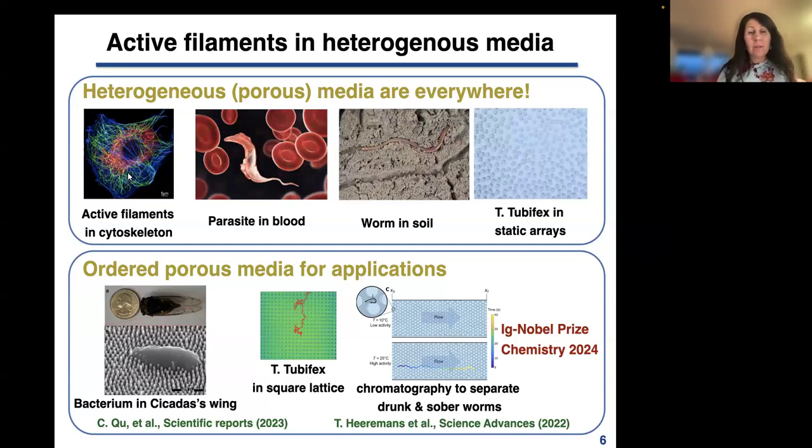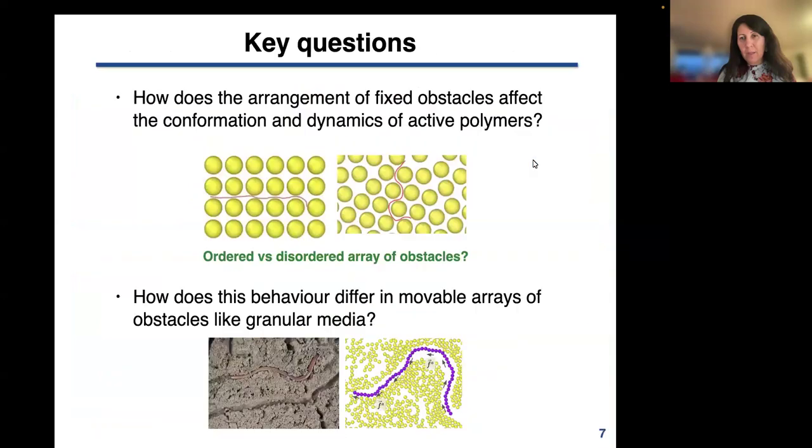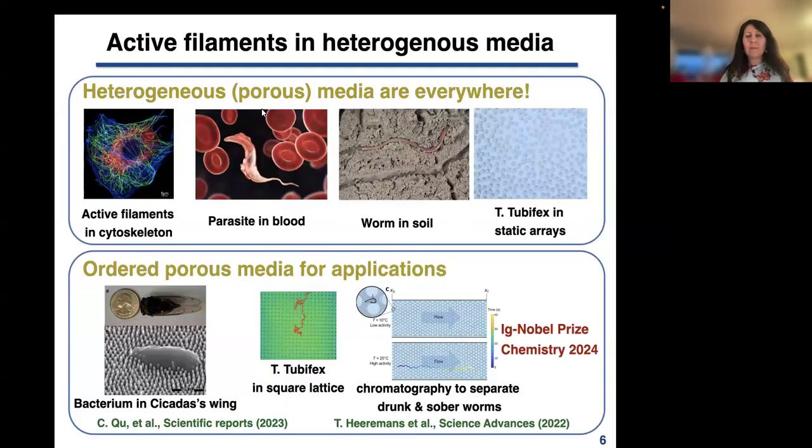So you can think of active filaments moving in a heterogeneous medium. Another example is a filament-like parasite in blood flow, or worms in soil, which is granular matter. And my colleagues in Amsterdam are also looking at tube effects in a static array of obstacles, which I will get back to in the continuation of the talk.